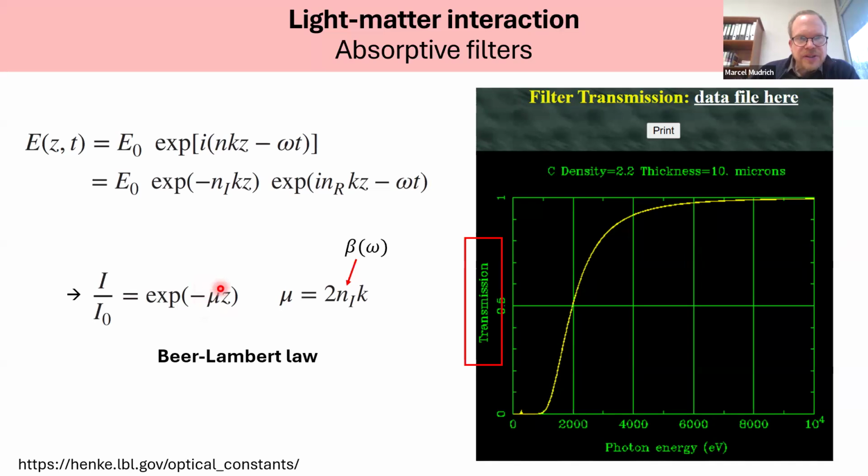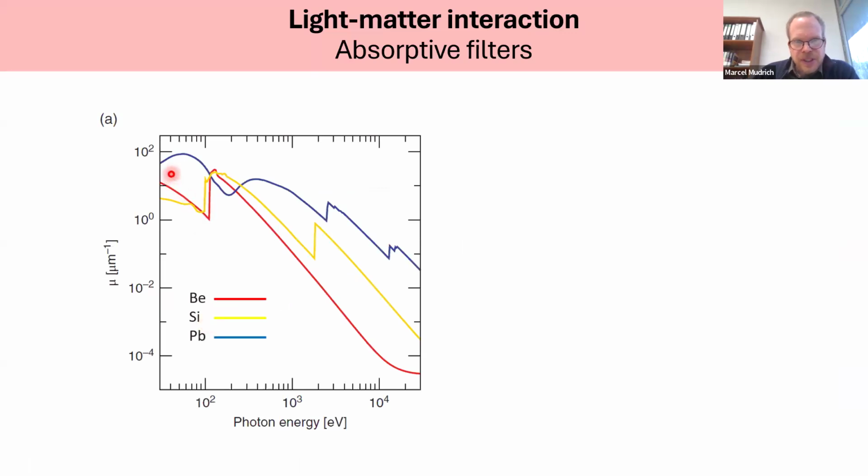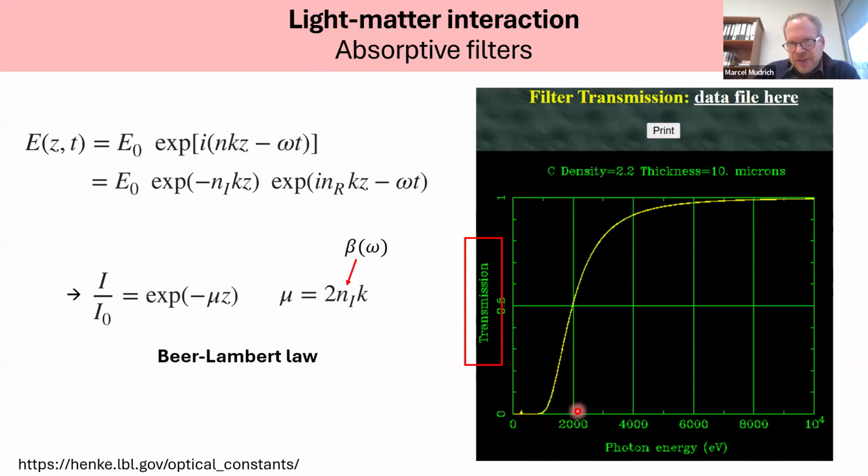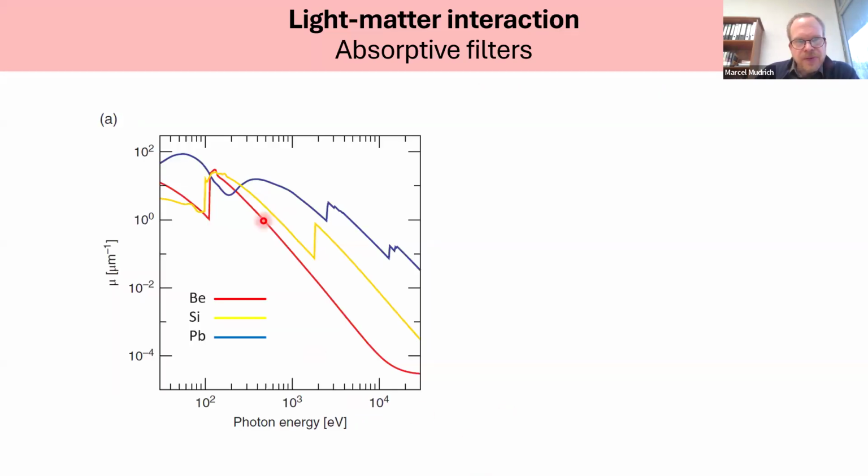That's this coefficient up in the exponent of Beer-Lambert's law, has in general this property of becoming smaller and smaller for higher photon energies. So as we can see, the hard X-rays are typically transmitted by any material more efficiently than low photon energies, so that the extinction coefficient drops.